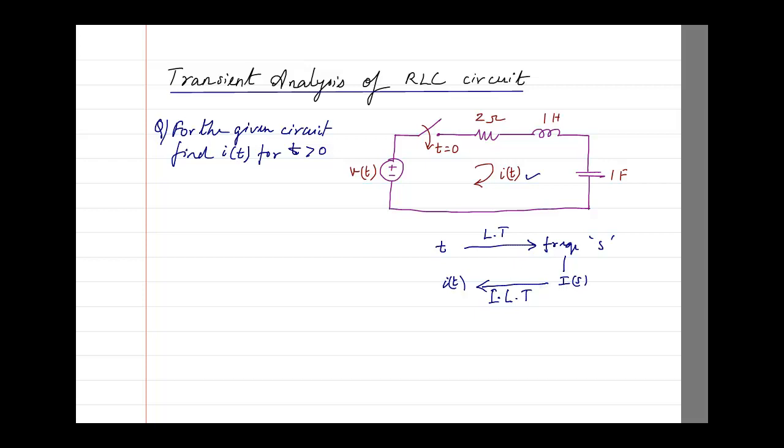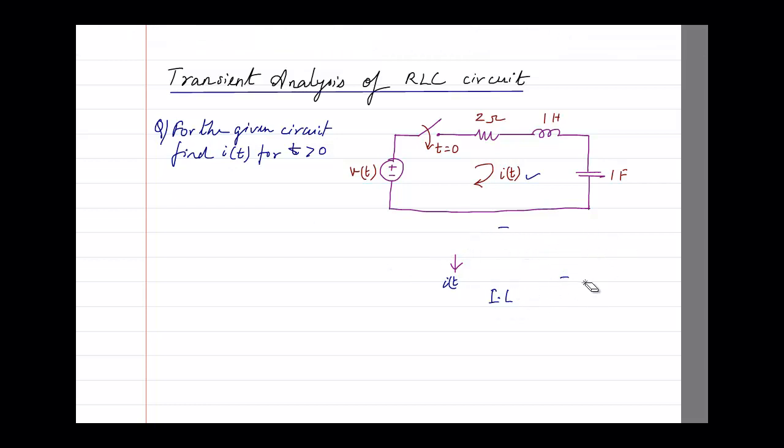So instead of directly finding I of t using complex integration and differentiation equations, here we are adopting the Laplace transform for solving this, and that is our general method of solving this.